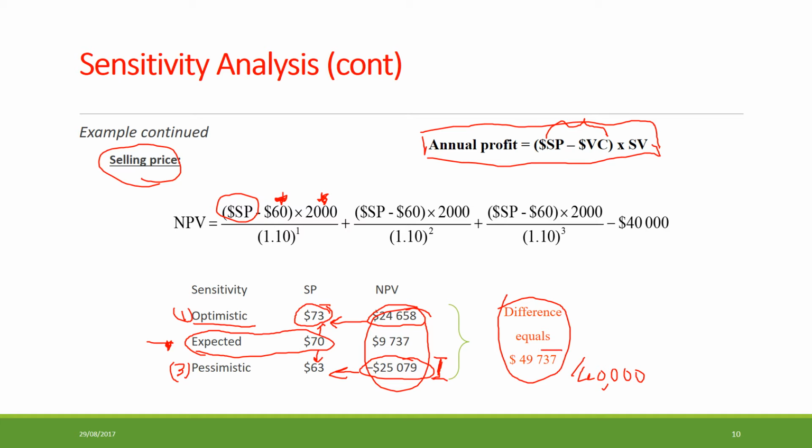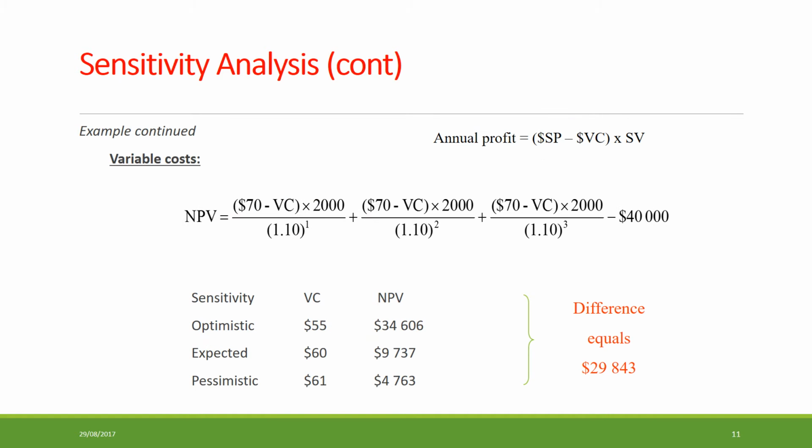And also, if we compare this number with the expected case, this is the mean of the NPV. The difference here looks quite big, right? The variation here looks quite big compared to the mean. So what we can conclude here is, therefore, our NPV analysis is very sensitive to the selling price, right?